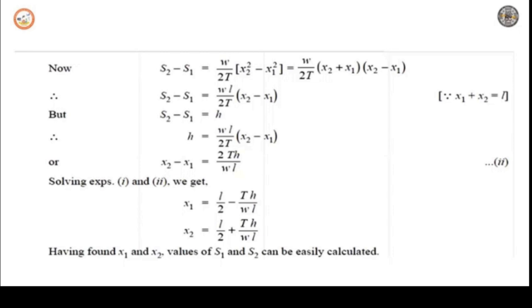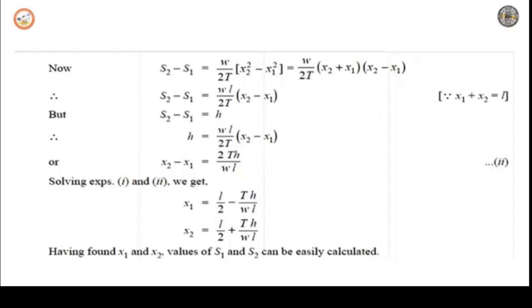So S2 minus S1 is equal to h. Substituting this in the equation, we get h is equal to WL by 2T into x2 minus x1, where x2 minus x1 is equal to 2Th by WL.